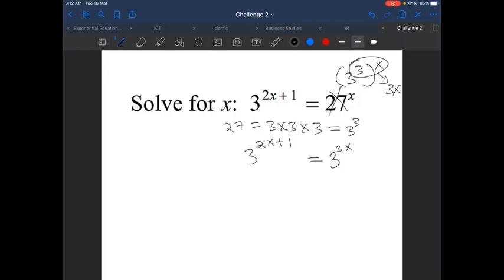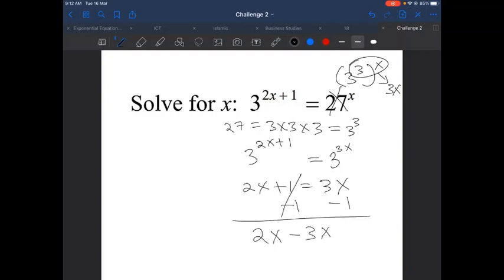Now we need to set the exponents the same. So 2x plus 1 is equal to 3x. We subtract 1 from both sides and we get 2x minus 3x is equal to negative 1. So 2x minus 3x is equal to negative x, or negative 1x, which is equal to negative 1. So x is equal to positive 1.